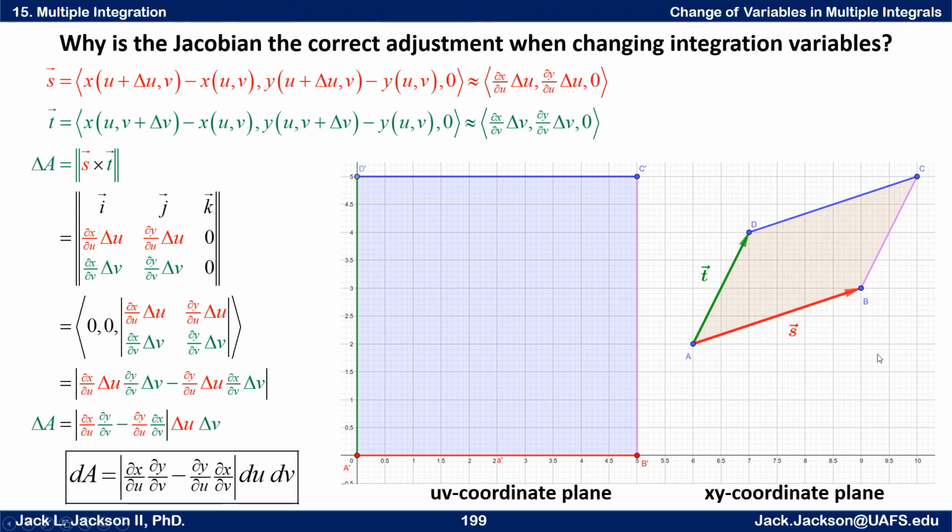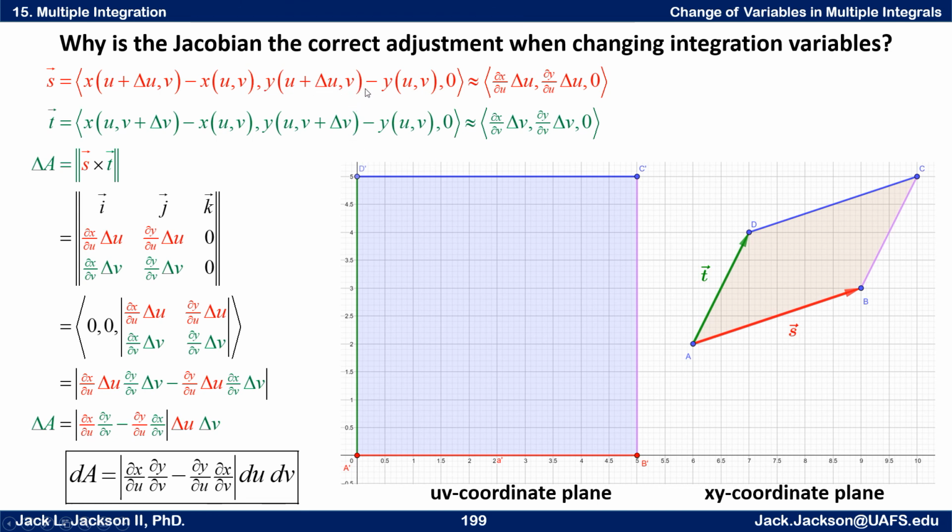And what about delta y? Well, delta y here, again, we want to think of v as not changing, right? v is a constant where we're mapping this to.